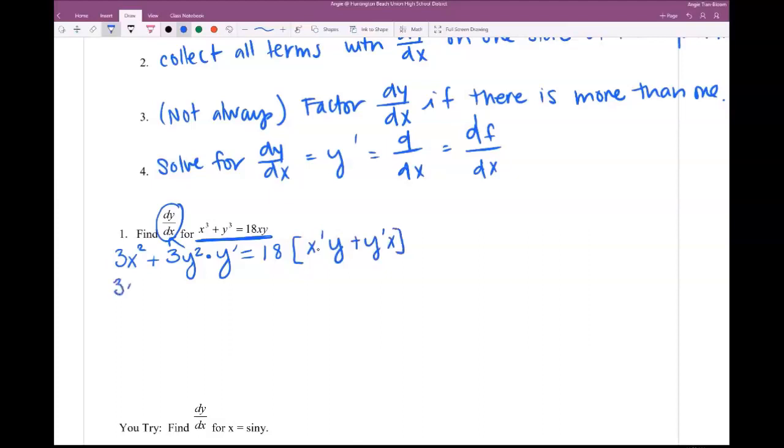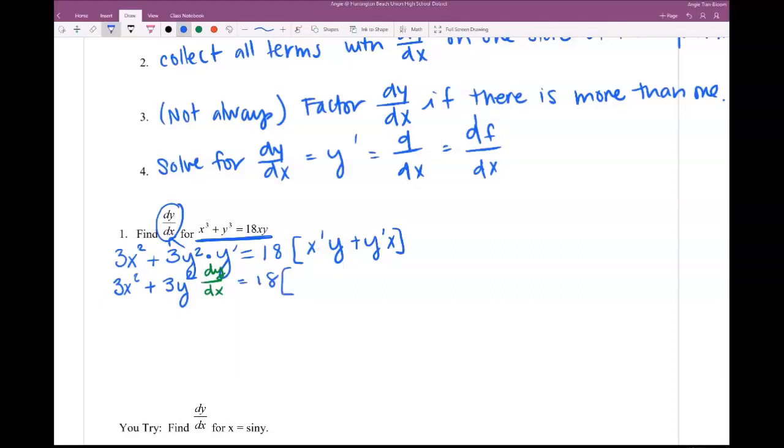And from here, we're slowly going to see if we can combine some things. Okay, so 3y squared stays times y prime. I'm going to write that as dy dx, okay? Because later I would have to move it to one side. Equals 18 stays out the same. X prime, the derivative of x, is 1, okay?